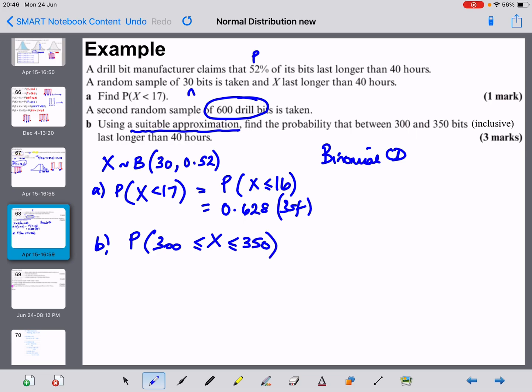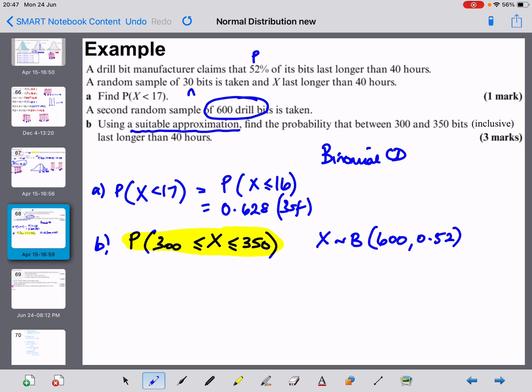Okay, so we've got the question that it wants us to work out. Sorry, actually no, that's not right. Those are no longer our binomial parameters. I'm going to say X is now binomially distributed with 600 trials and 0.52.